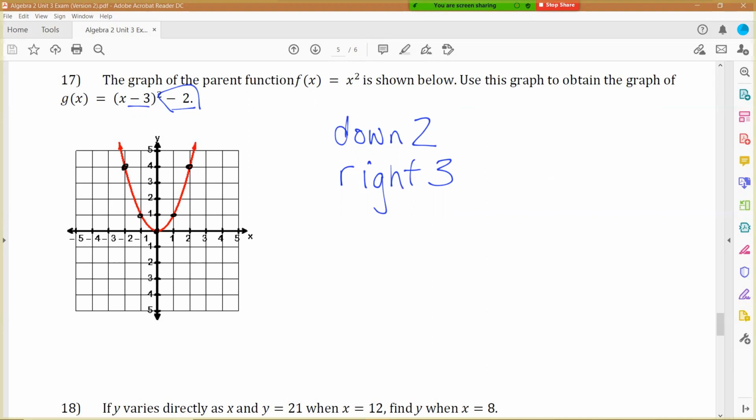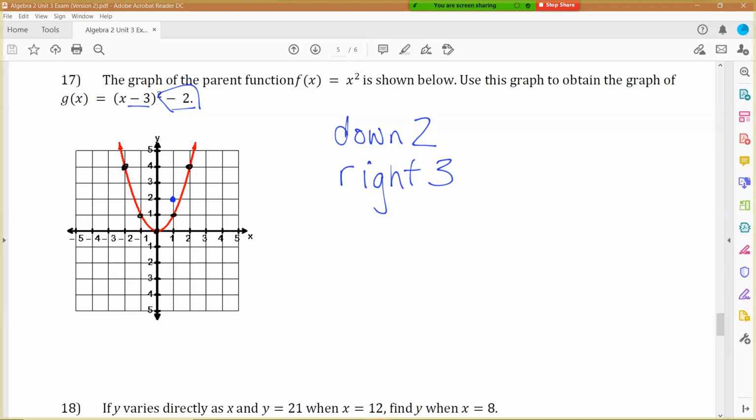We're going to take each one of those 5 points, pick it up, and move it down 2, right 3. So if I pick this point right here on the left, I go down 1, 2, I'm going to go right 1, 2, 3, and right there is where it's going to be. So that point down 2, right 3 ends up right here.